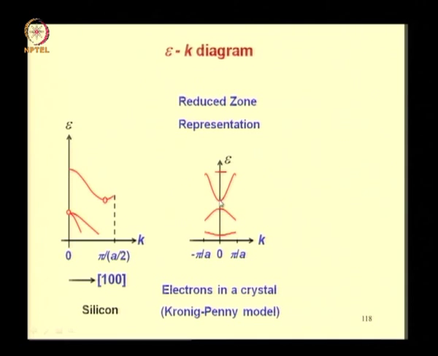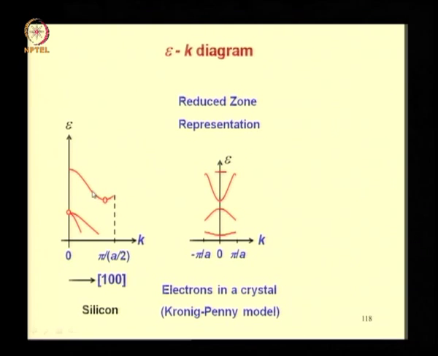So as against this kind of variation of the Ek relation, here the Ek relation in silicon is something like this. This is for the conduction band. In the valence band, this variation looks similar to this variation. So this is the conduction band and this is the valence band.